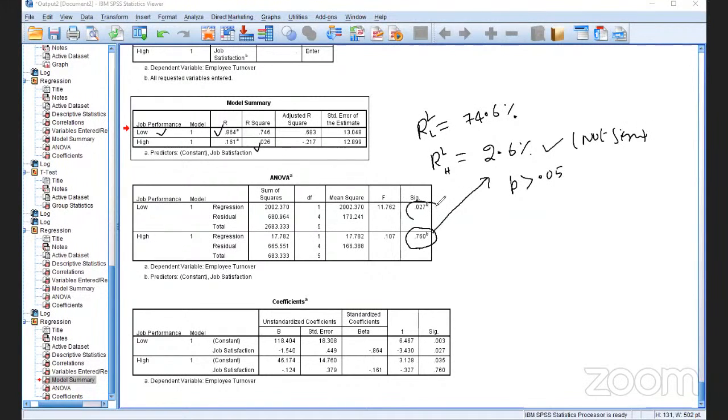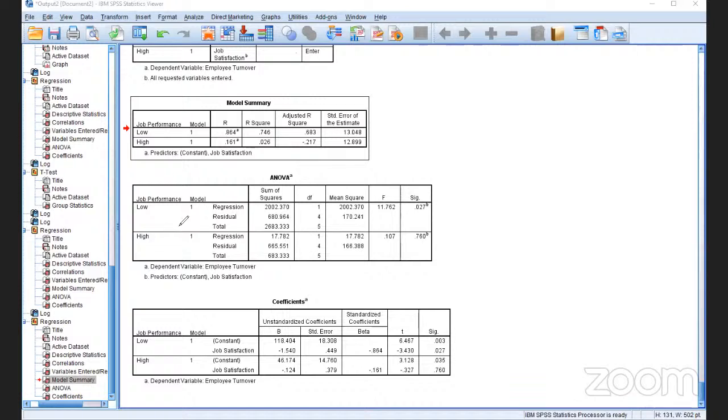For low performers it is significant, because the p value is less than 0.05. What is the p value here? 0.027. So we find there is a significant difference for low job performers and high job performers.